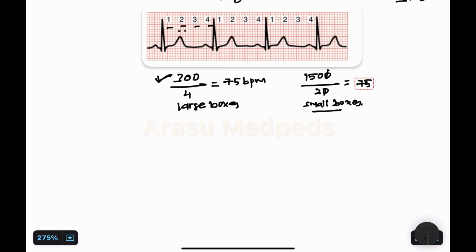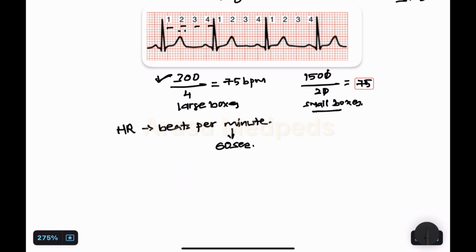Now the doubt will be, what is this 300 number and 1500 number? See, when we are calculating heart rate, it is number of beats per minute, right? Per minute in the sense, for 60 seconds, how many beats are there?